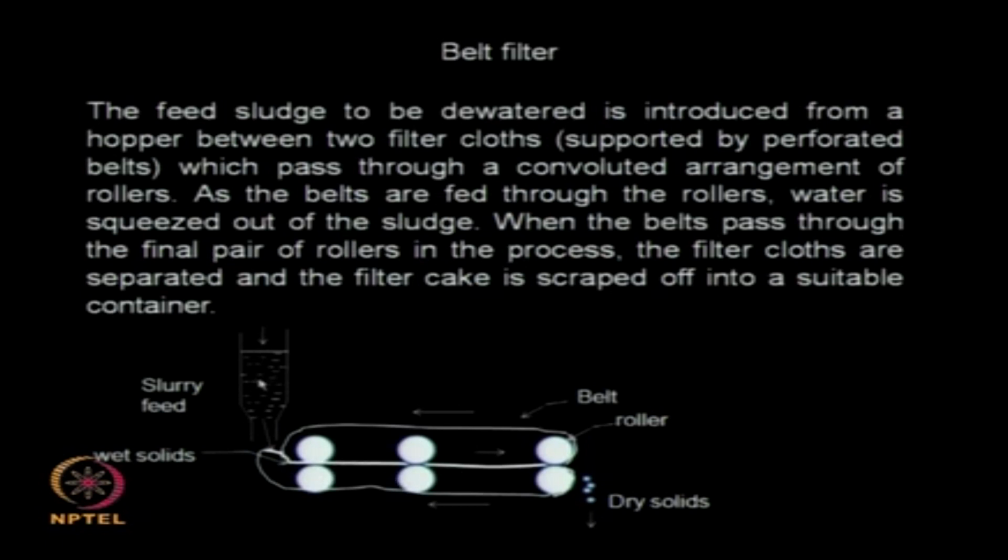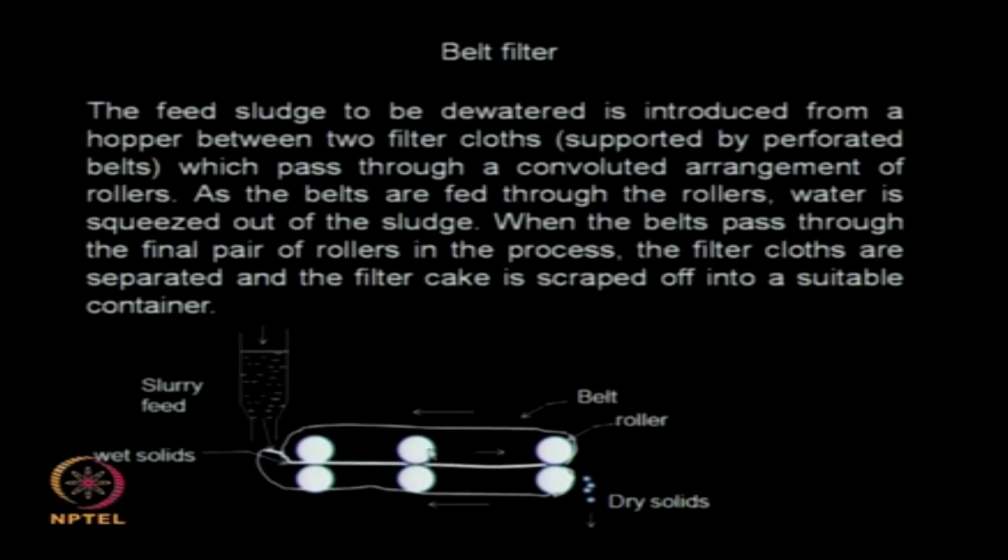Your feed slurry comes in and these belts move in this direction, and when they go through these rollers, the wet feed gets compressed, so the liquid gets squeezed out, and at the end of it you have dry solids falling out. Again the belt moves back, and here again you are feeding your wet solids.